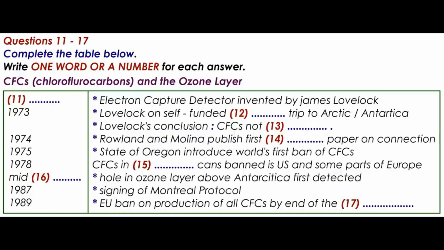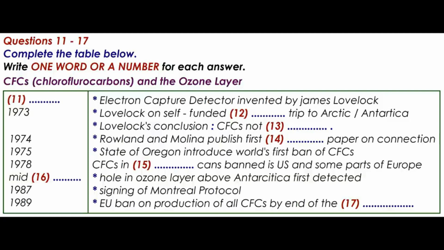Today, it is well known that CFCs, or chlorofluorocarbons, can do immense damage to the ozone layer, which protects the Earth from harmful radiation from the sun. However, it was as recently as the mid-1970s when the connection between CFCs and ozone layer destruction was first established. The story starts back in 1957, when James Lovelock invented the electron capture detector.